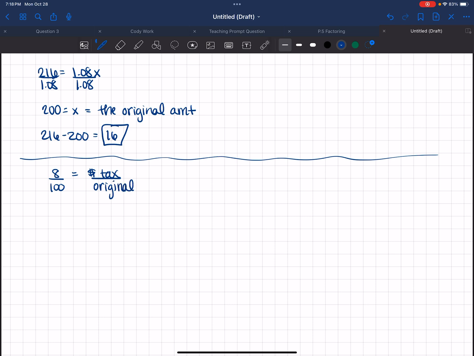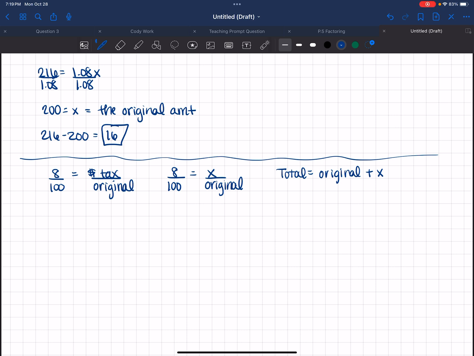And they've been saying, okay, well, that's really 8 over 100 equals X over the original. But the problem with setting it up this way is we don't know what the original is. We know that the total equals the original plus X.